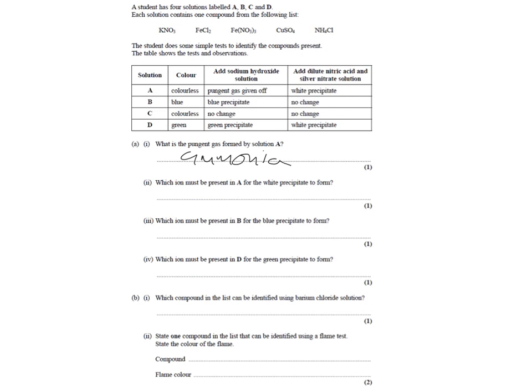And the presence of that ammonia gas suggests that in the original solution there were ammonium ions present, because the ammonium ions react with the hydroxide in the sodium hydroxide to produce ammonia and some water. So solution A is probably ammonium chloride.